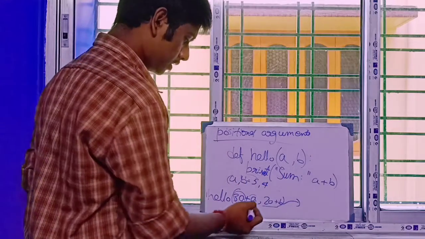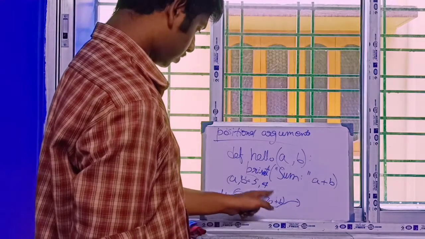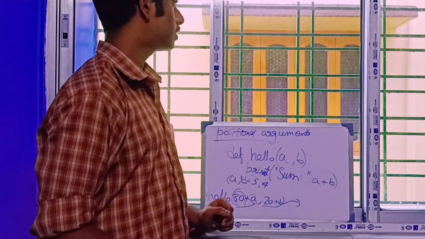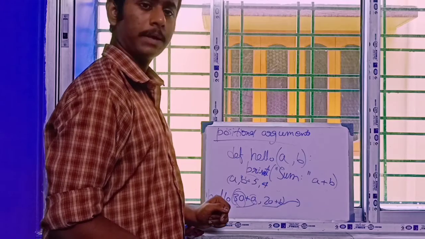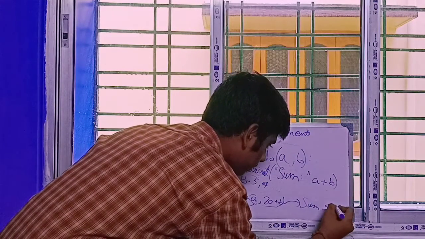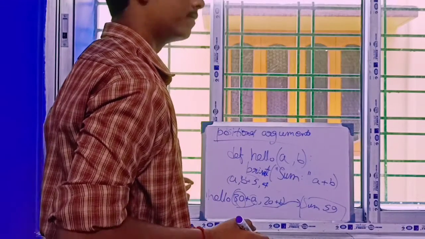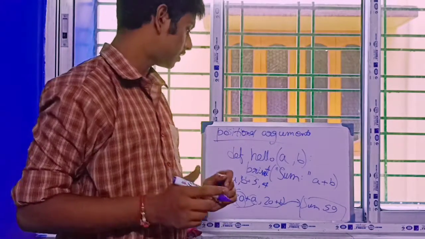So this result will come as 30 plus 5 plus 20 plus 4, that is 35 plus 24, that is 59. So this will give the result as sum 59. Yeah. So we have completed the positional arguments.